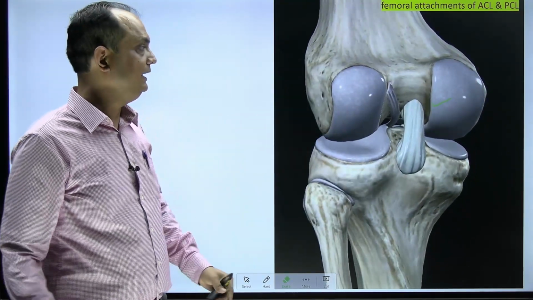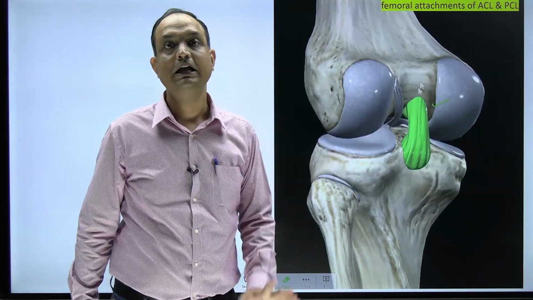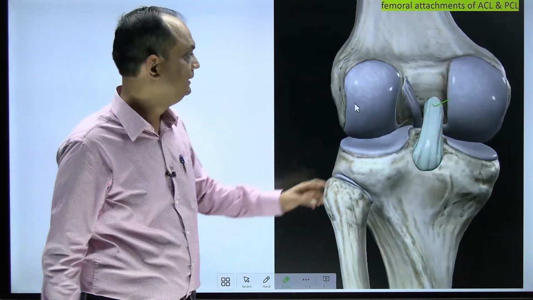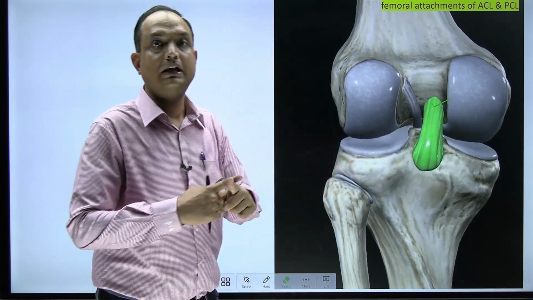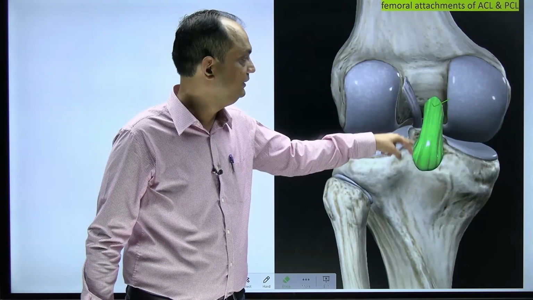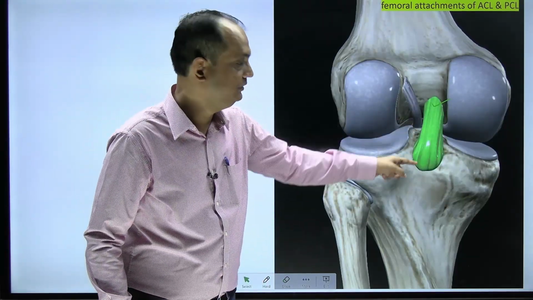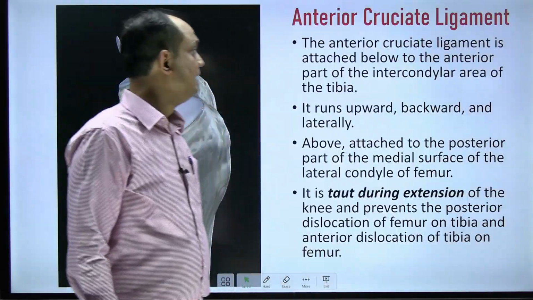Clear? My dear students, the attachment of both is very important, and always keep in mind that they cross each other, and their names are given because they have different attachments on the tibia: anterior and posterior cruciate ligaments.